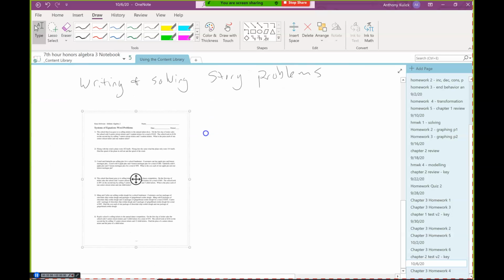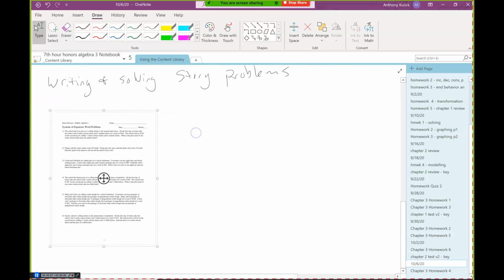So the next section we're going to talk about is writing and solving story problems. So these are all problems that involve systems. So this is homework 4.